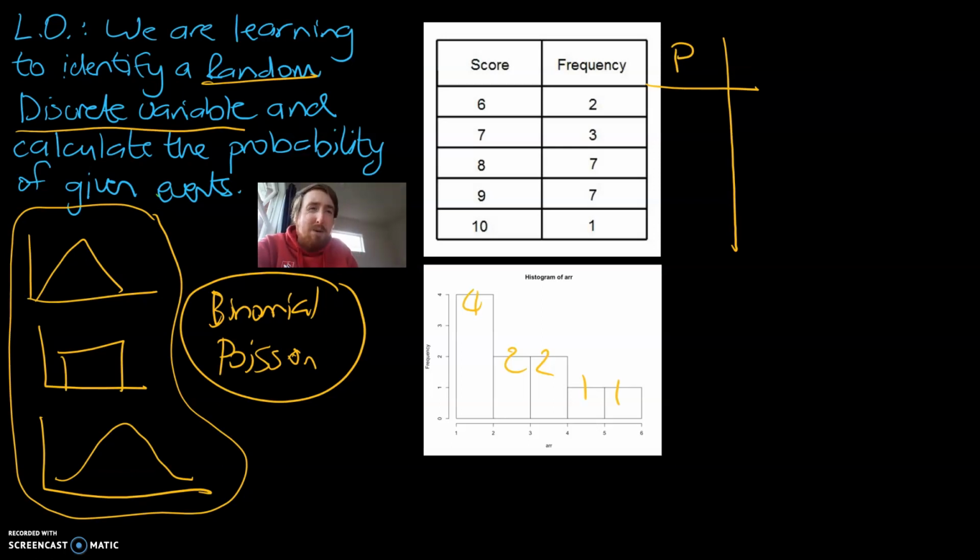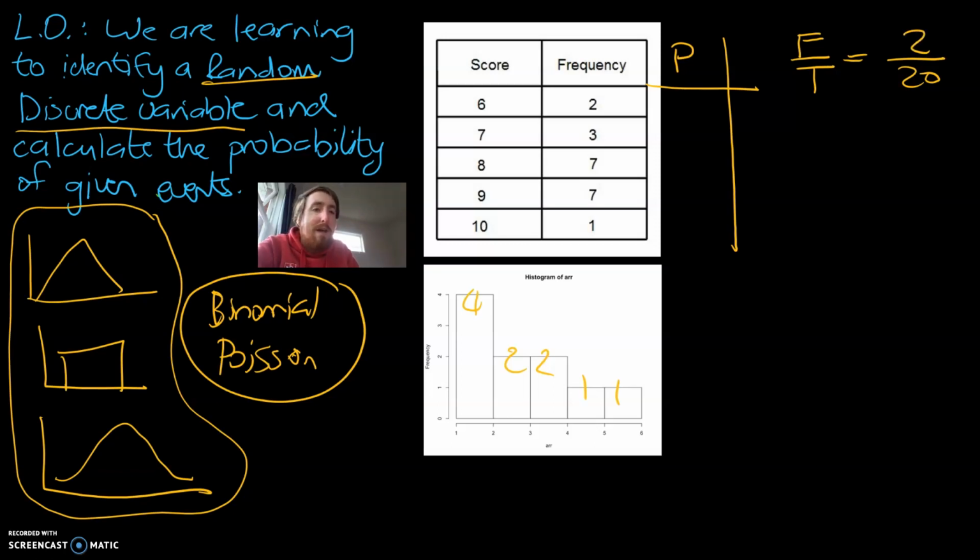And the probability, as always, is calculated with an F over T approach. So you need to figure out how many people were in that year 9 class, or how many people sat that test, and there are 20 of those. You'll be able to calculate the probability by going 2 divided by 20, 3 divided by 20, or however many people got that score. So the first one, what's the probability of someone getting 6?